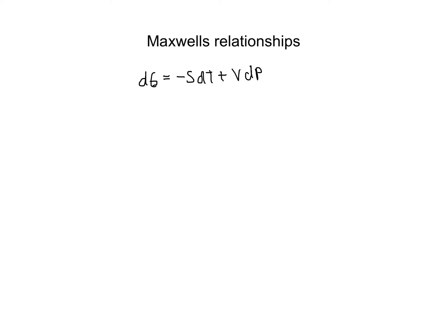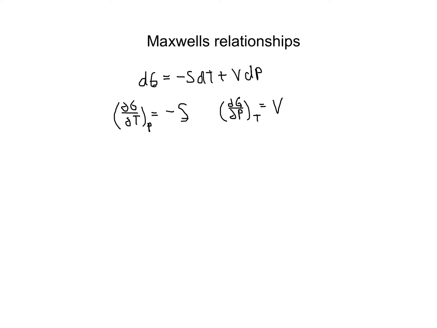I can find the first derivatives of this expression by treating dT and dP as algebraic quantities. So the derivative of Gibbs free energy with respect to temperature at constant pressure is minus S. Likewise, the derivative of Gibbs free energy with respect to pressure at constant temperature is the volume.